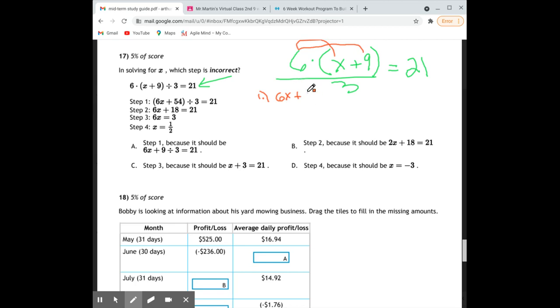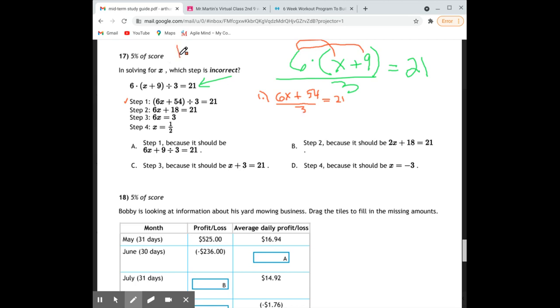Correct. All right, so looking at step 1, does everything look right? Does my step 1 and their step 1 look correct? Yes.